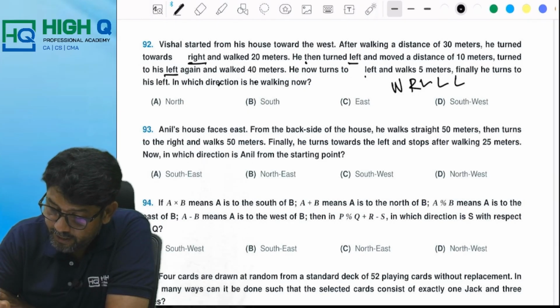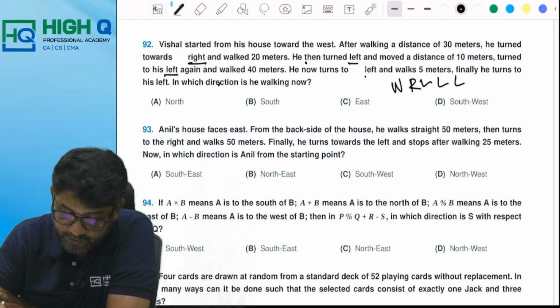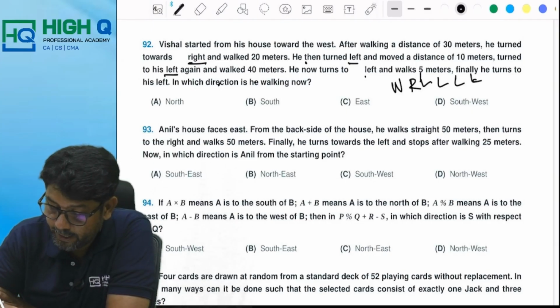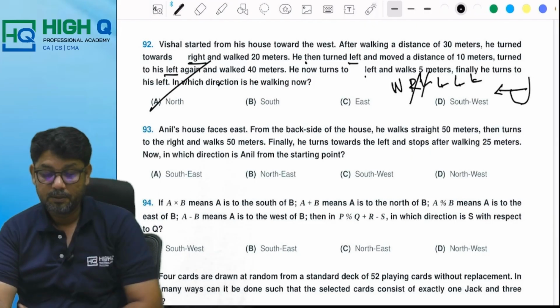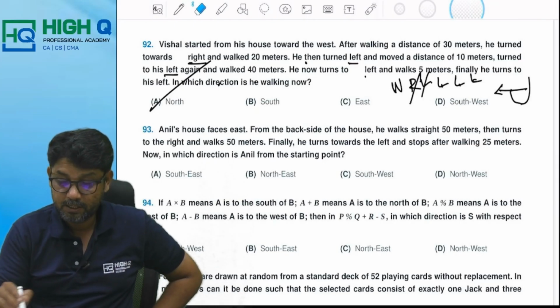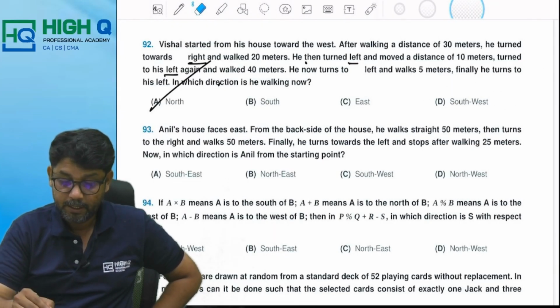He turns to his left, 5 meters. Finally, he turns to his left again. Right and left cancel. West, left, left, left. See here, west, right? This is west. And left, south, another left. What will happen, my dear? East, then north. So our answer is north. That's it.